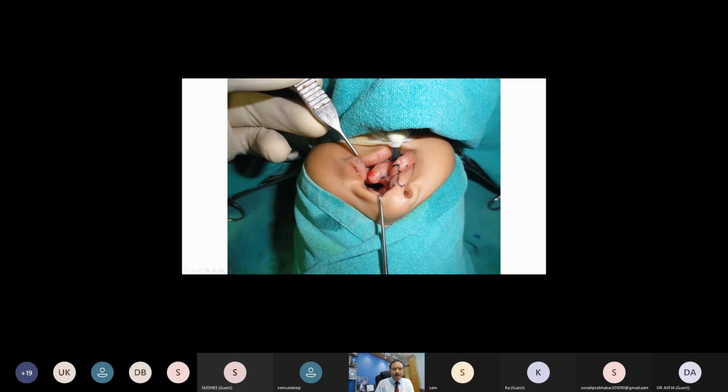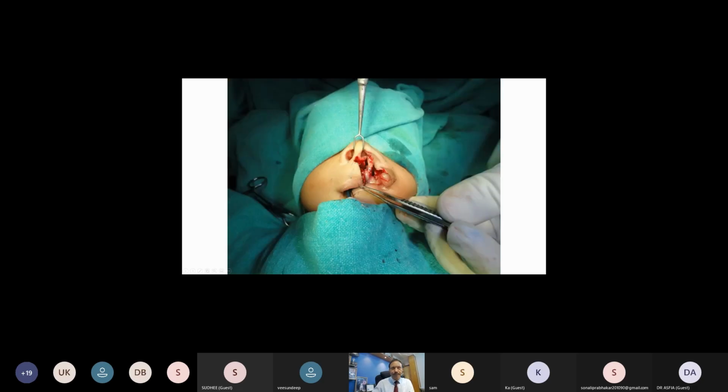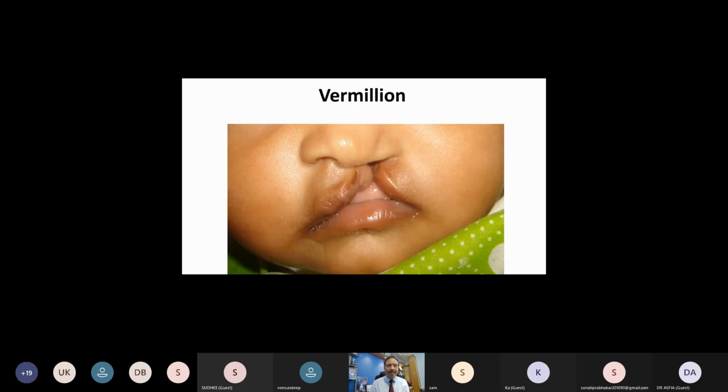So if you take this point or any point in between, even if your free border is horizontal, this vermilion tissue will come up and will give an appearance of a pseudo notch, and therefore this point should be taken a little lateral where it is still horizontal. So it can be rotated and the C flap can be fed in the back cut and the lateral flap can be advanced.